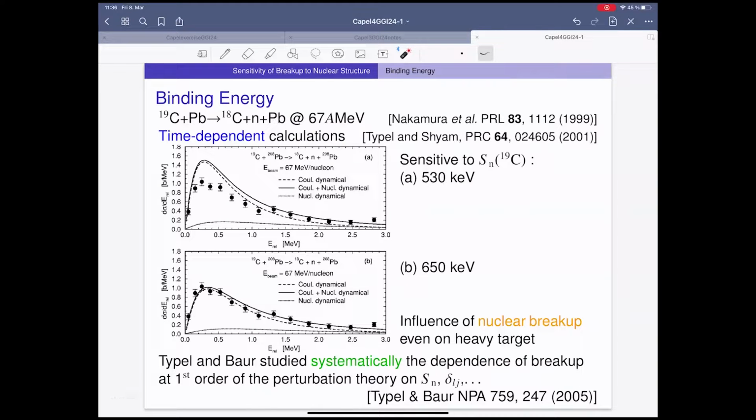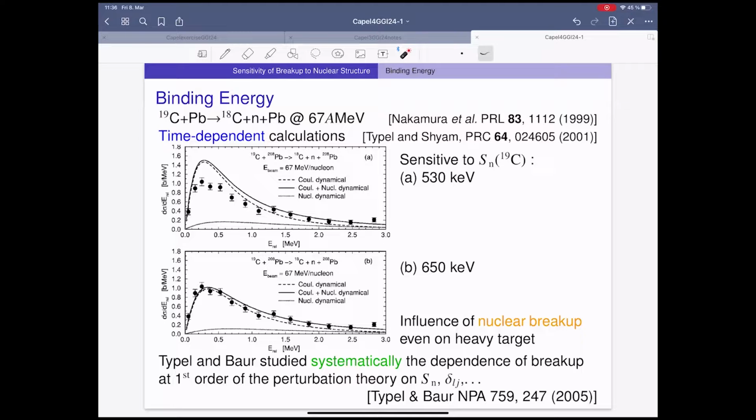So the first thing is I go back to this calculation by Typel and Shyam for the carbon-19 breakup on lead, and the binding energy of the valence neutron in carbon-19 is still not well known experimentally.